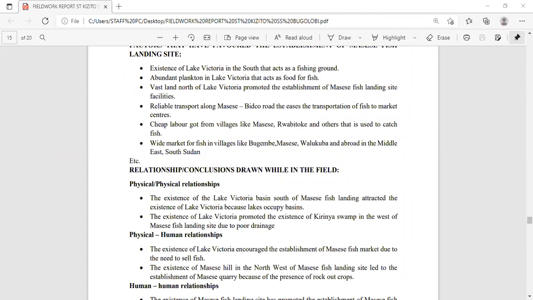Documentation is the method of data collection whereby we used a book and a pen to write down the physical features that were seen. For example, the rocks on Buya Hill.